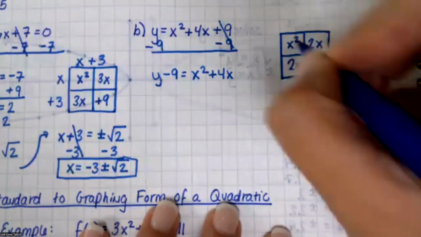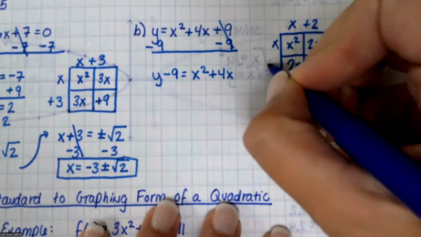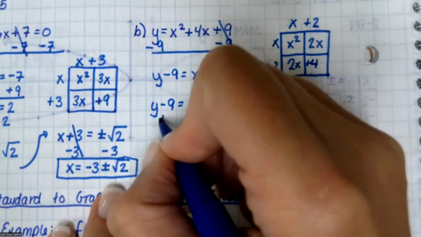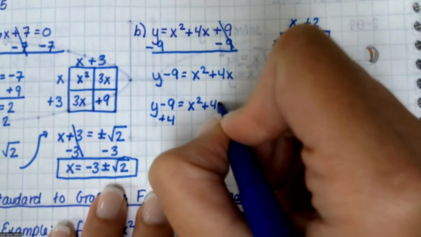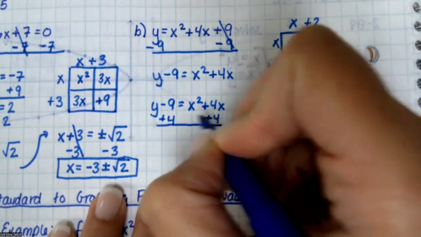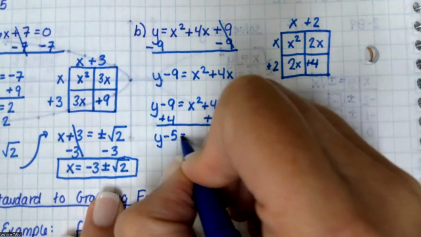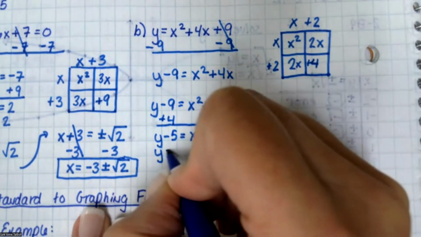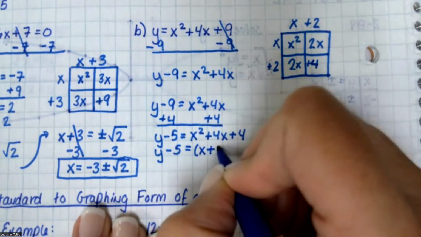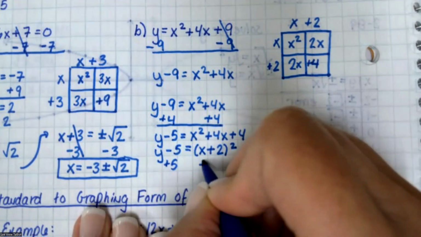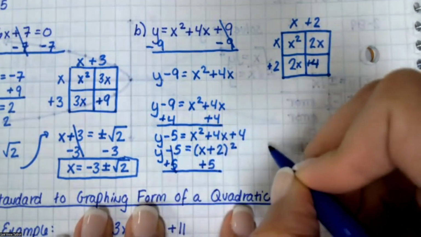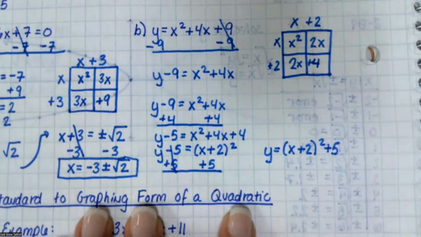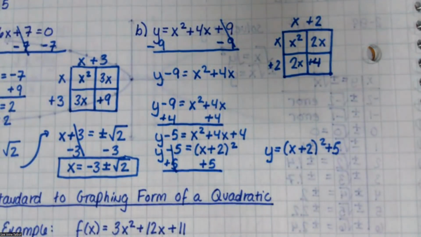Okay, so this has to be 4. So I have y minus 9 equals, oh no. Add 4. Did I get it?